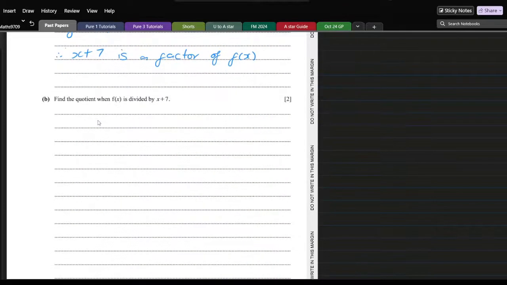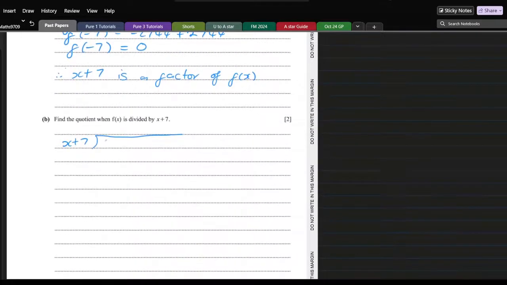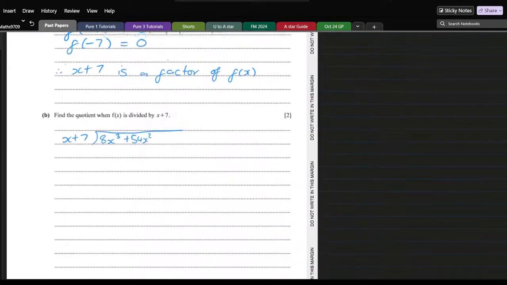Part B, find the quotient when f of x is divided by x plus 7. Alright, so x plus 7, and we want to carry out long division. We've got f of x, which is 8x cubed plus 54x squared minus 17x minus 21.